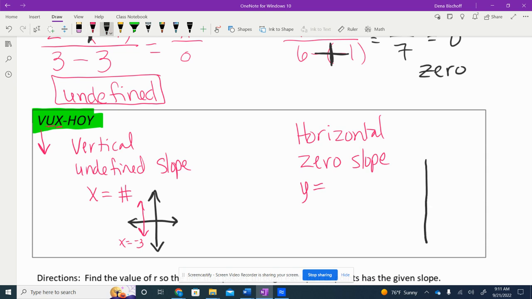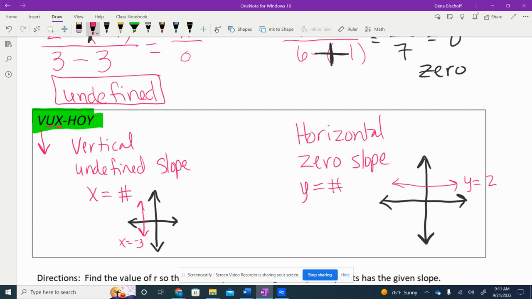So let me give you an example of a horizontal line. So if I were to sketch the graph and tell you that this is y equals 2. We've seen this already. I did this with you the other day when we started talking about functions. So HOY: horizontal, 0 slope, y equals is my equation.